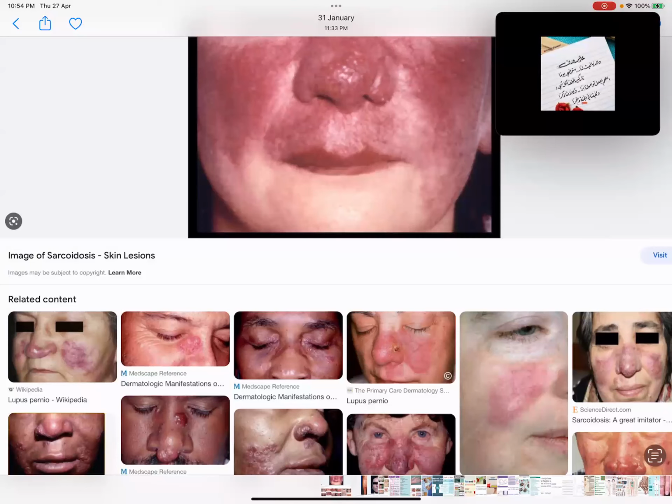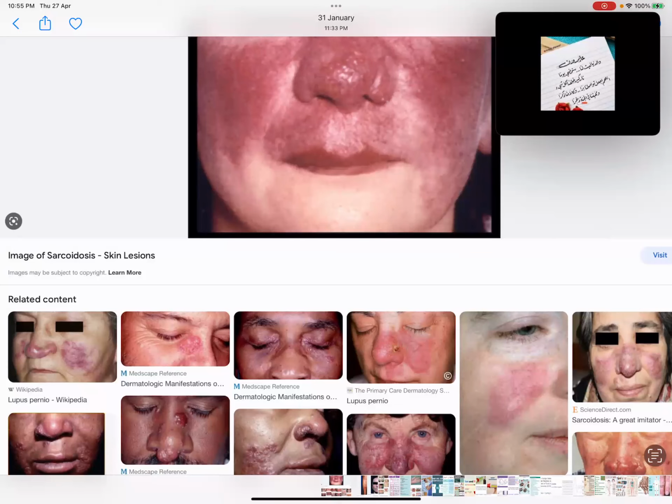It's a case mainly for chest. You find the very characteristic skin rash, which is lupus pernio, and the very characteristic rash of erythema nodosum. If you find these two rashes and pulmonary fibrosis, this is sarcoidosis.